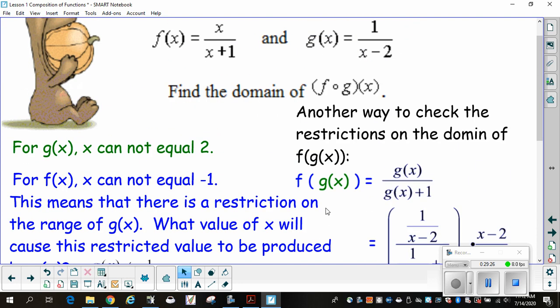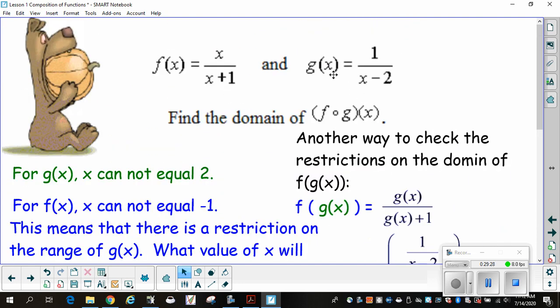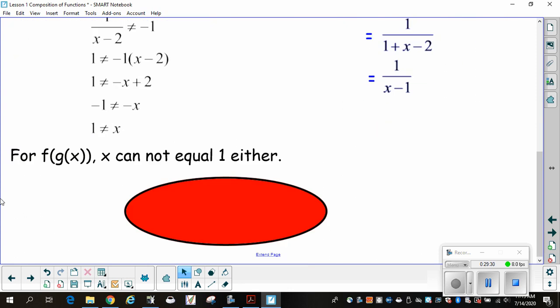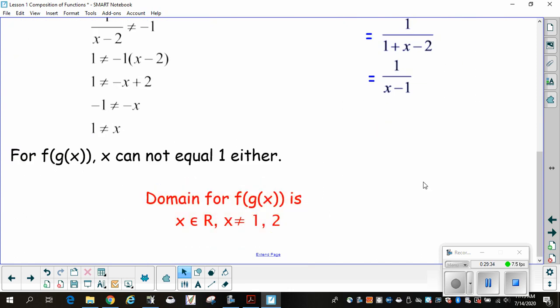I also have to be careful because it can't be 2. So f of g of x cannot equal 1 either. The domain: x is an element of real numbers such that x does not equal 1 or 2. Remember, it can't equal anything that causes problems for g, and g can't output anything that causes problems for f.